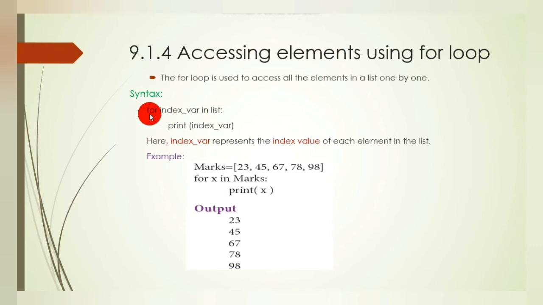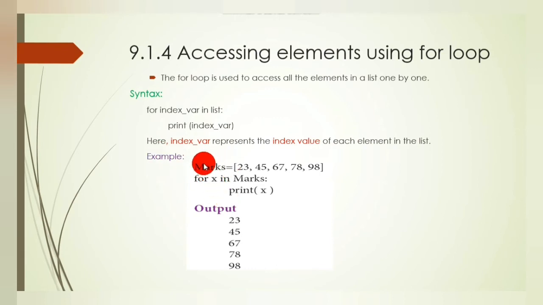So here the syntax of the for loop is: for index variable in list colon, print index variable. Here the index variable represents each element in the list. Now you can see the example for this one.